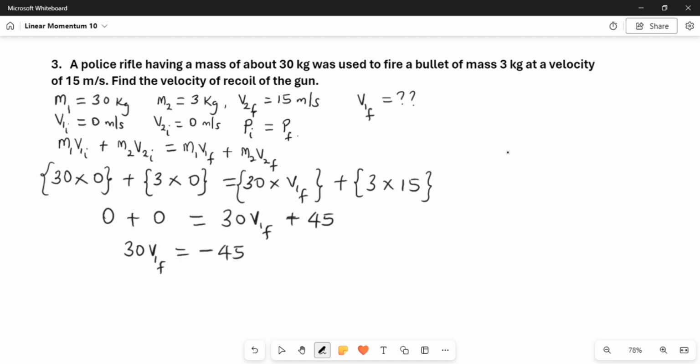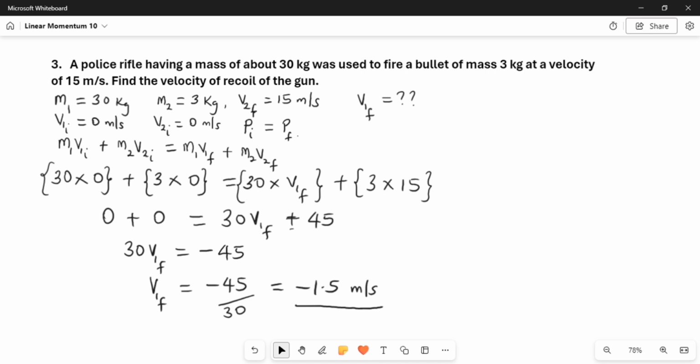If it crosses the equality sign, it becomes negative. So v1F will now be minus 45 divided by 30. That gives us negative 1.5 meter per second. So the velocity of recoil of the gun is minus 1.5 meter per second.